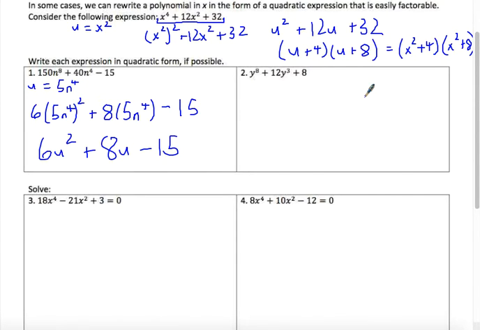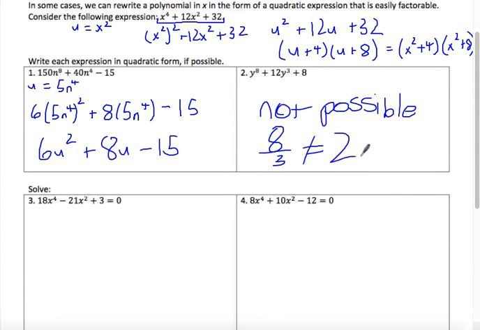So number 2, this one we're not going to be able to write in quadratic form because this exponent of 3 is not half of 8. So this one's not possible.